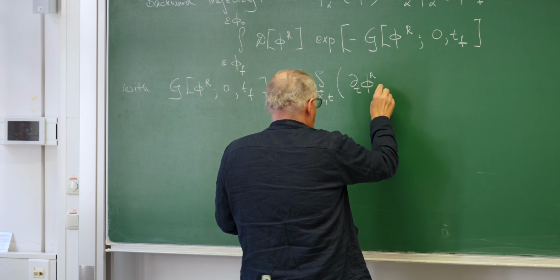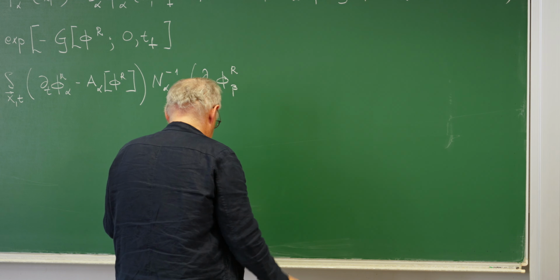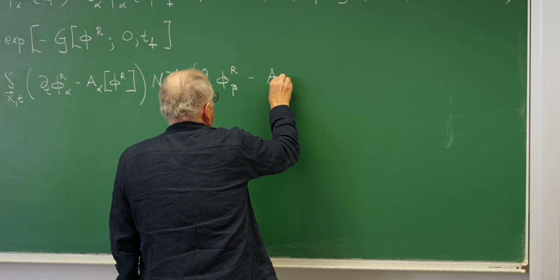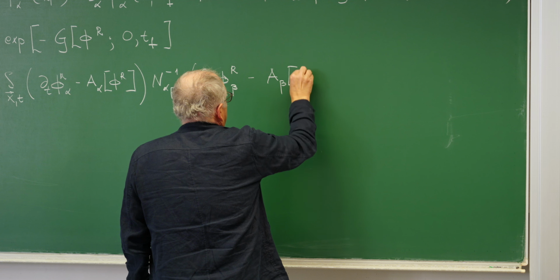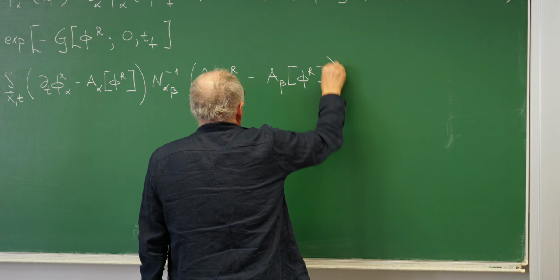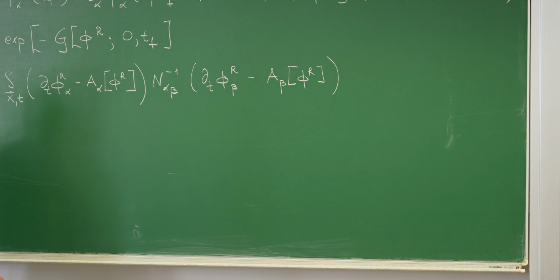And then I do have my inverse noise matrix, and here the same expression for the reversed fields, just the other field components, phi r. And again, I'm ignoring the Jacobian, so I'm setting theta equal to 0, since in the end, if you check it, it doesn't really matter for my argument.